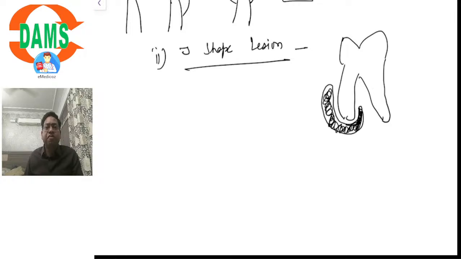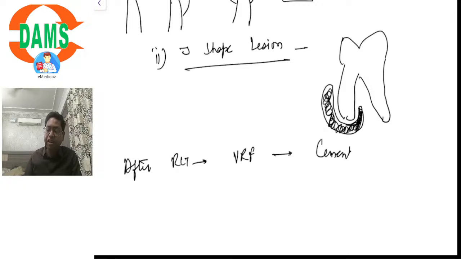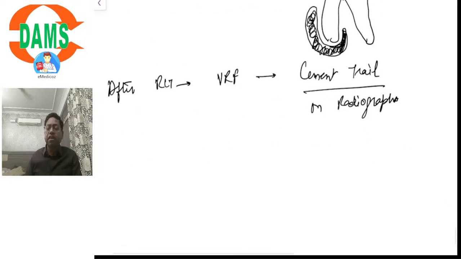If a root canal treatment has been done in a tooth with VRF, or subsequent to root canal a VRF has developed, then what would be seen radiographically after doing the root canal? After RCT, a tooth with VRF can show a radiographic change called cement trail on the radiograph.